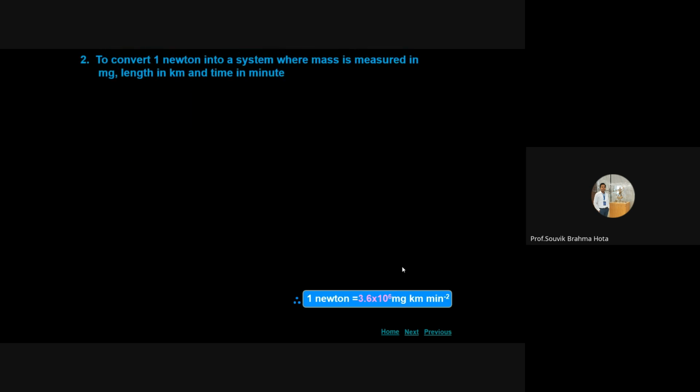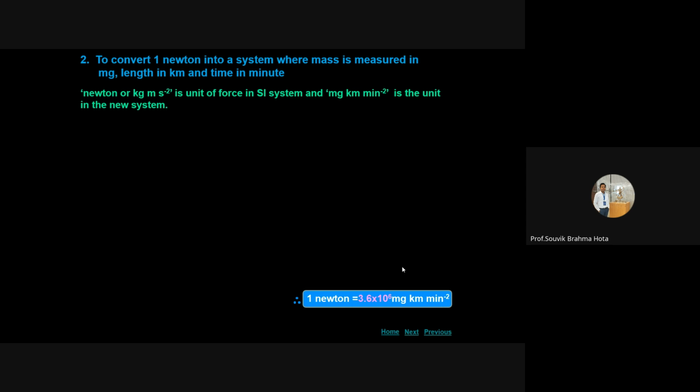Now to convert 1 Newton into a system where mass is measured in milligram, okay, and length in kilometer, time in minute. So a new system you need to discover. So Newton is kg meter per second square, you know, because Newton is F equal to ma.